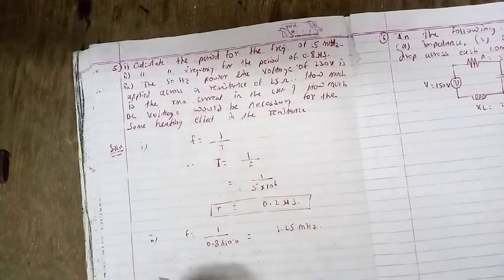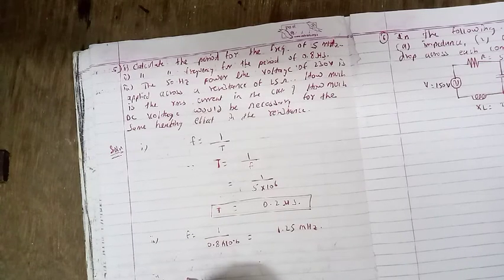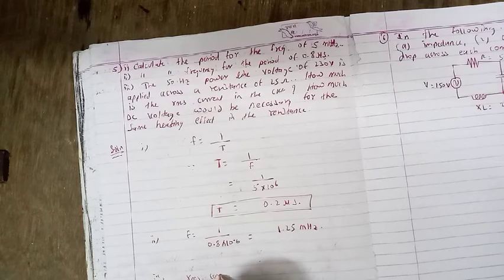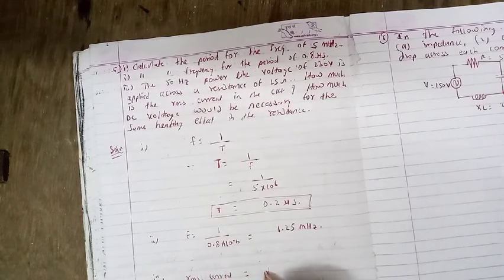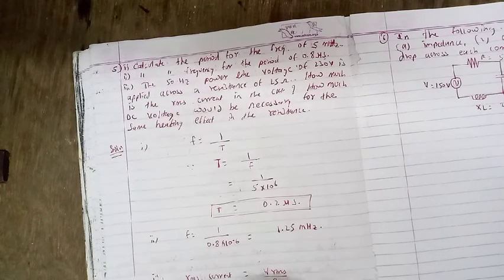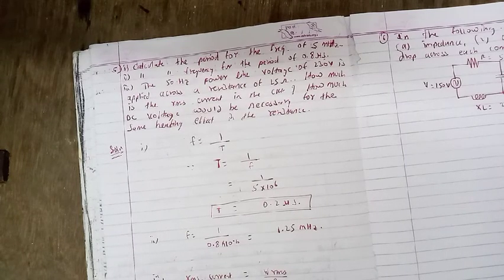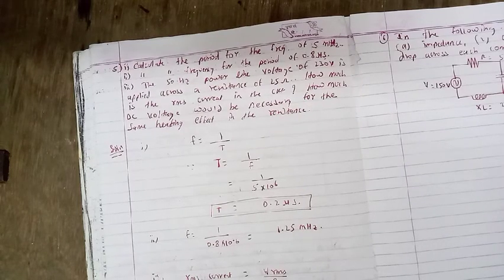Okay, then the third number, that is RMS current, is equal to VRMS divided by R. Here one thing you have to keep in mind, that V is equal to I into R, that is nothing but I is equal to V upon R. This formula has arisen from this.